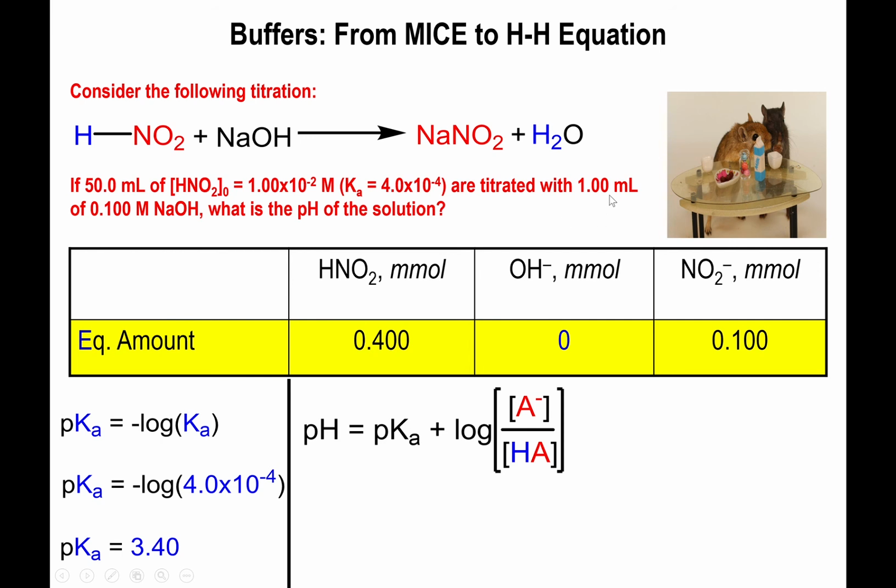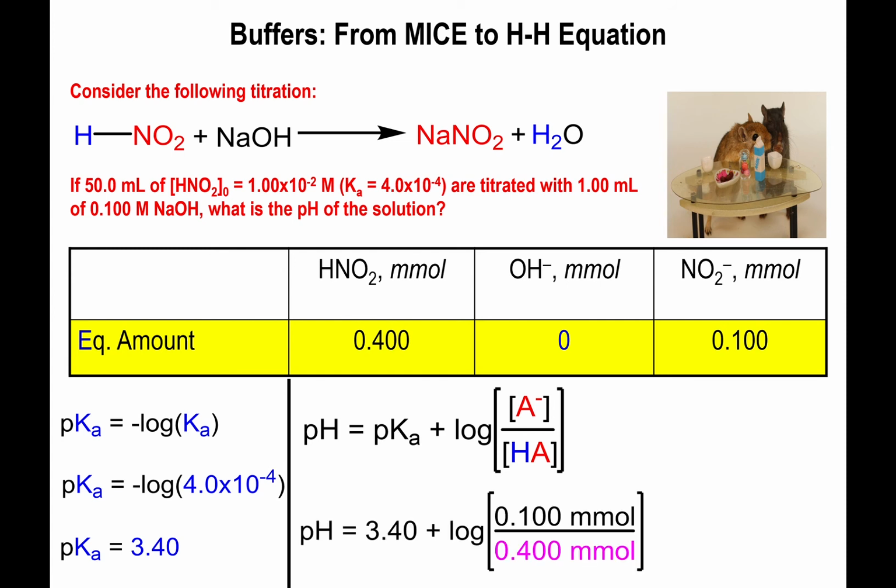That's the total volume. But you will also be dividing NO2 minus by 51. So by the time you carry out the ratio, the 51 mLs that you divided each of these things by will cancel out anyway. So instead of wasting time doing that extra step, simply go ahead and input the number of millimoles of the base on top and the number of millimoles of the acid on the bottom. It's the same thing as inputting the concentrations.